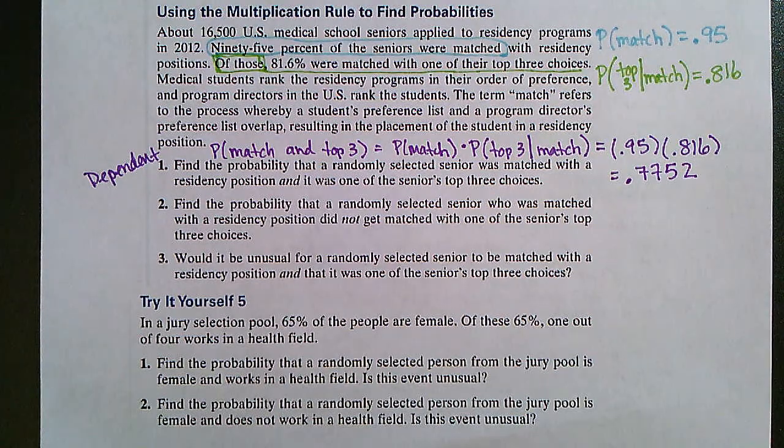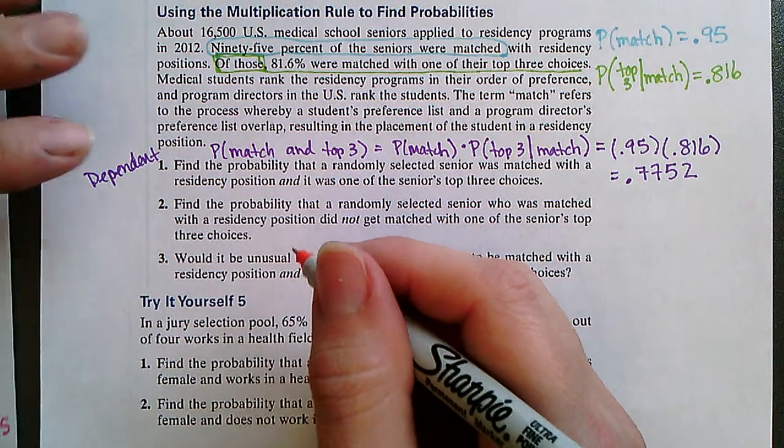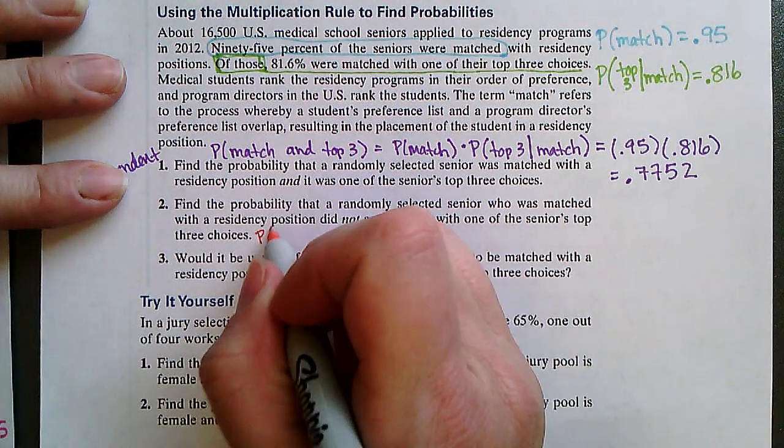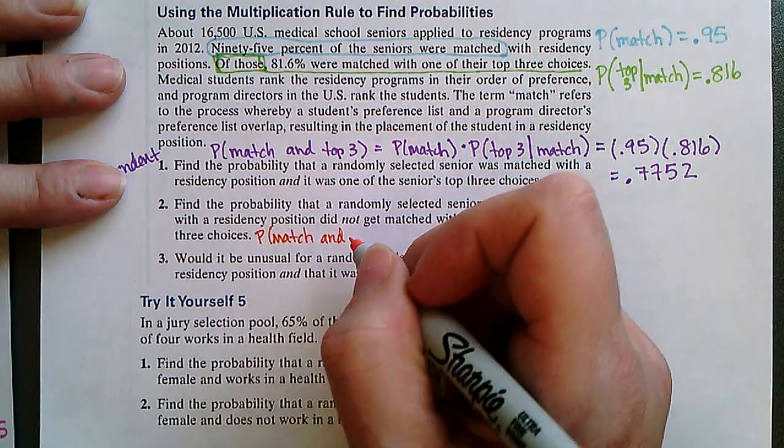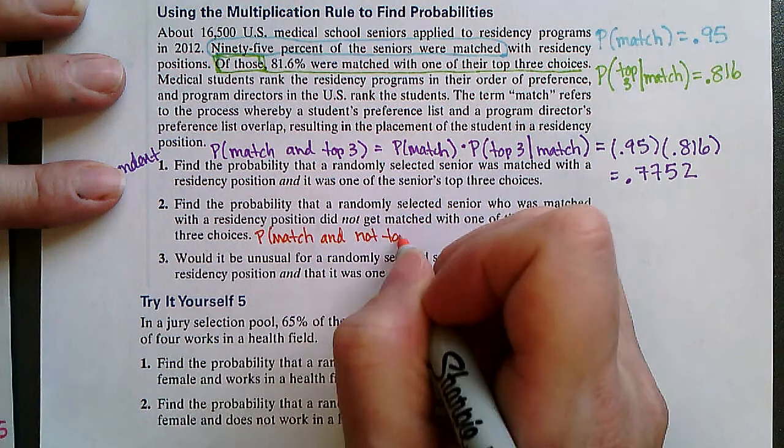Now let's find number 2, the probability that a randomly selected senior who was matched with a residency position did not get matched with one of the senior's top 3 choices. So now we are looking at the probability that they were matched and did not get a top 3 choice.